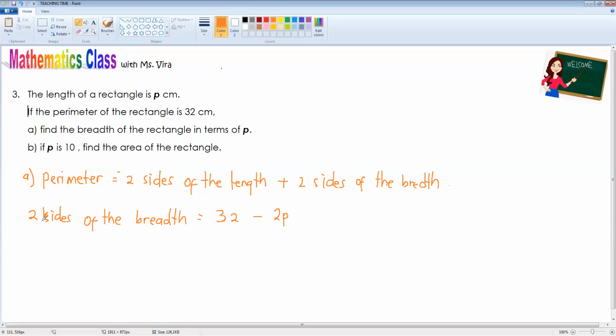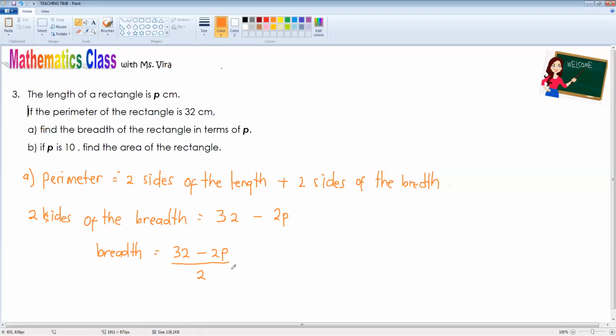Because these are two sides of the breadth, the one breadth will be 32 minus 2p divided by 2.